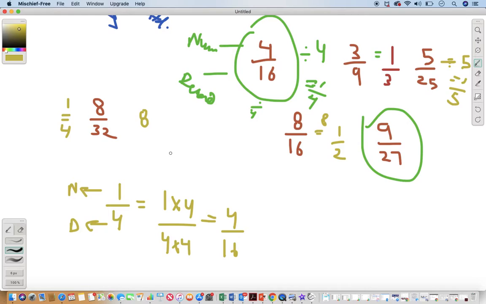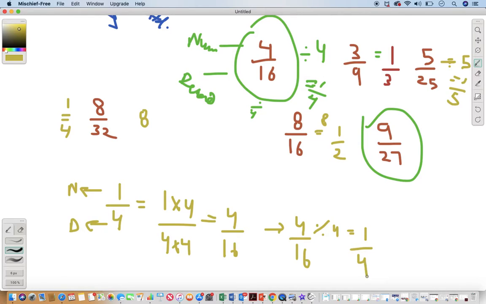The point I'm trying to make is, if we look at our example 4 by 16, and I further divide it by an equal number, let's say 4, I get 1 by 4.